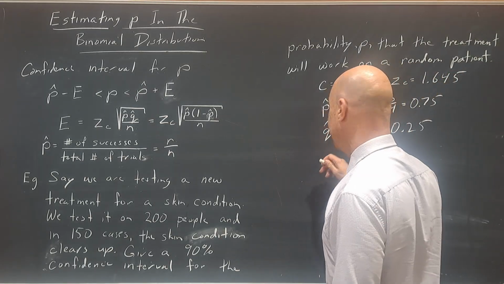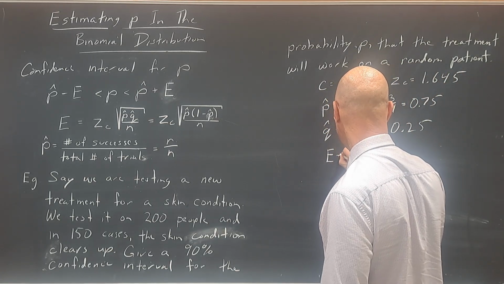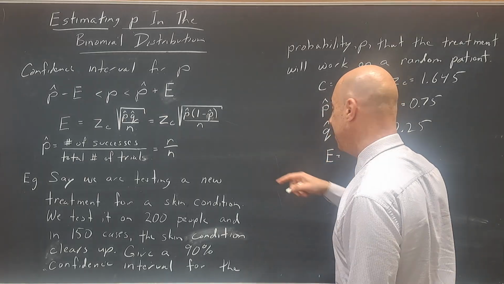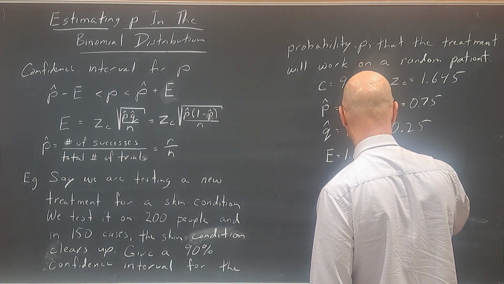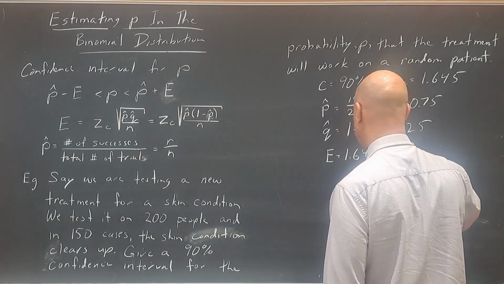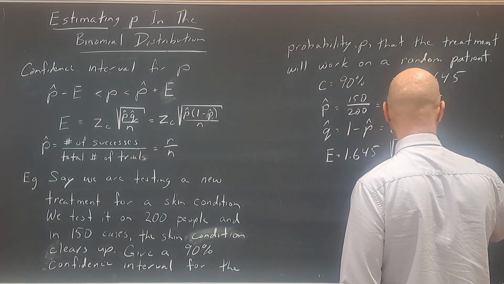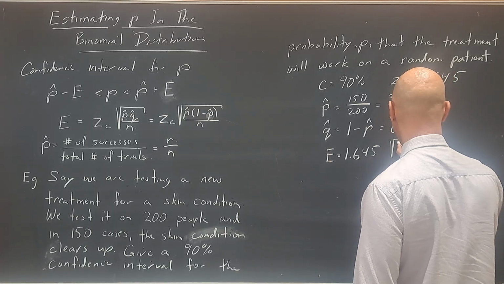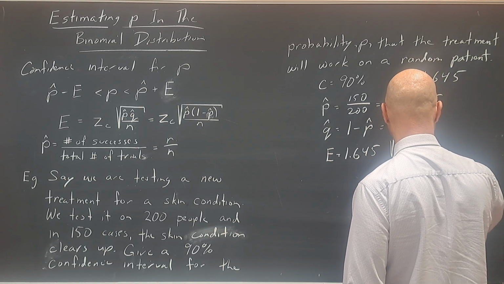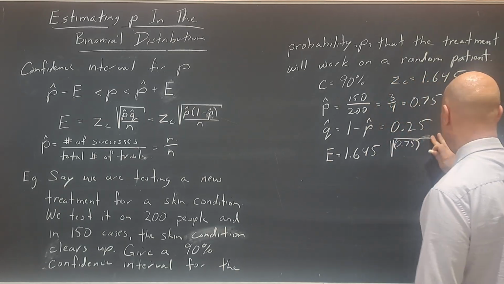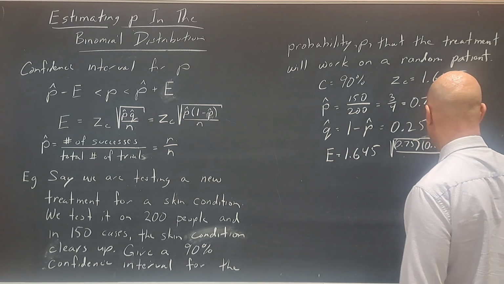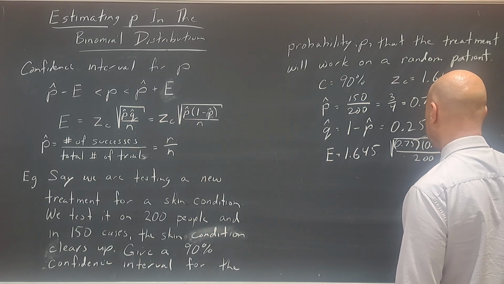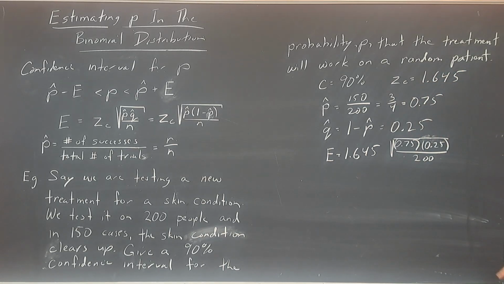So let's see. E is going to be equal to ZC, 1.645, times the square root of P hat, 0.75, Q hat, 0.25, divided by 200. When you type this into the calculator, make sure that your square root isn't just over the numerator.